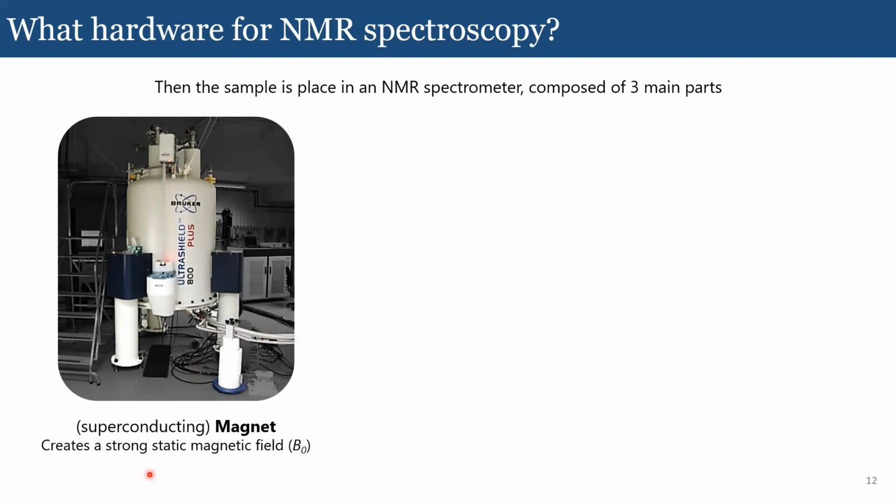So one note on the superconductivity of this magnet is that the magnet, in fact, is a coil that is a superconducting one made of a special alloy that is going to be cooled with liquid helium and protected with liquid nitrogen to be superconducting.